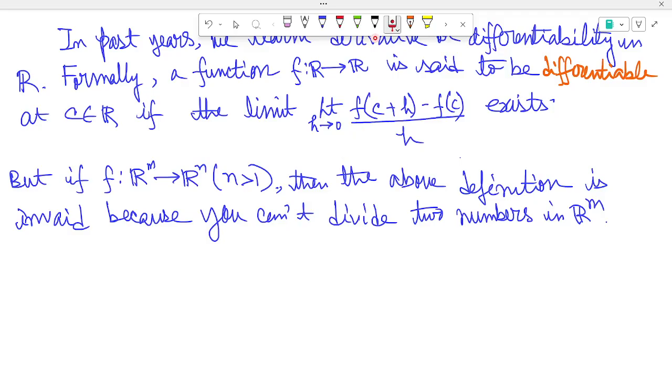Don't worry. It will be a point of the domain set. Because how would you add c plus h? c is a point of Rm, so it should be a point of Rm here.